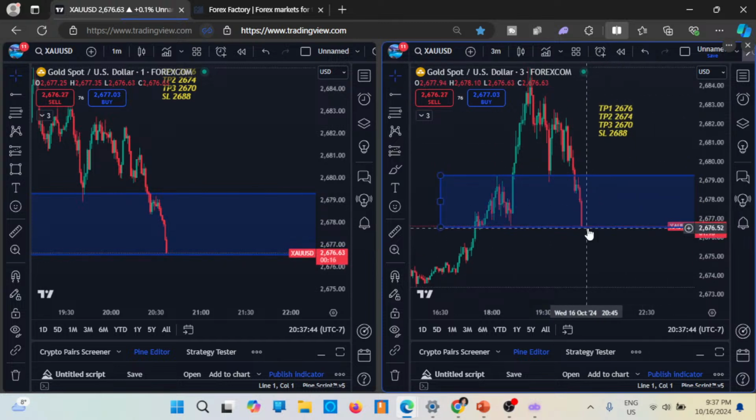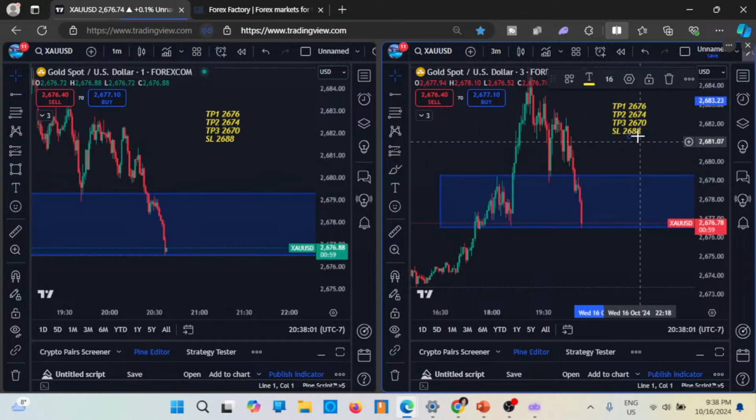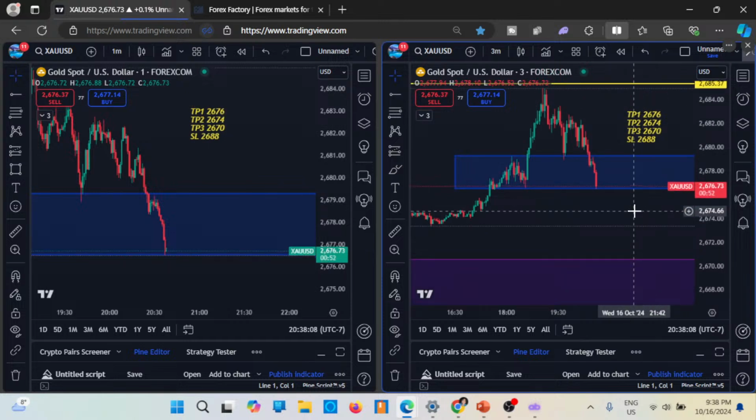I told you guys 26.76 is where we aim, but the price might not hit exactly 26.76 because we have support here. So TP number 1 just got hit. TP number 2 is all the way down here.